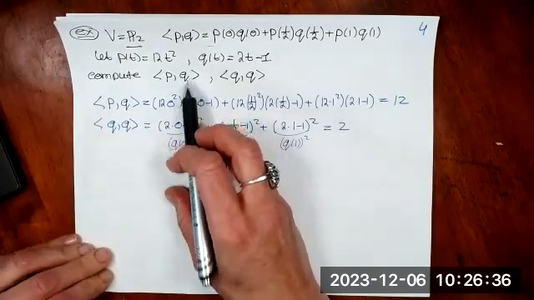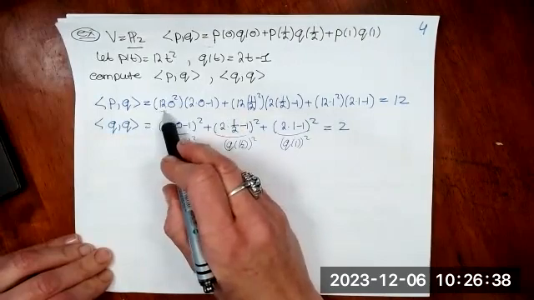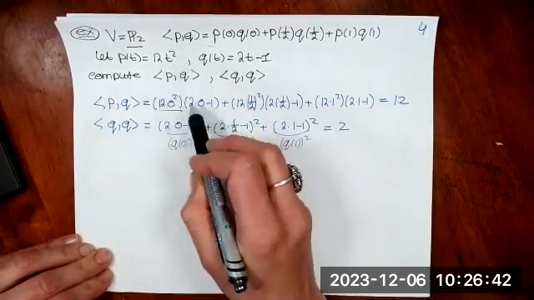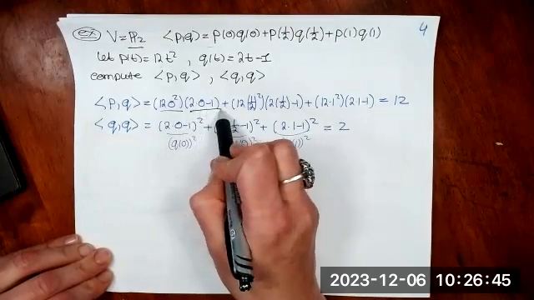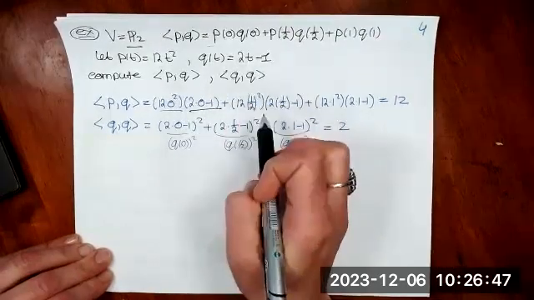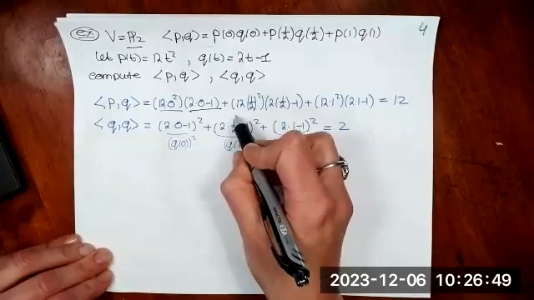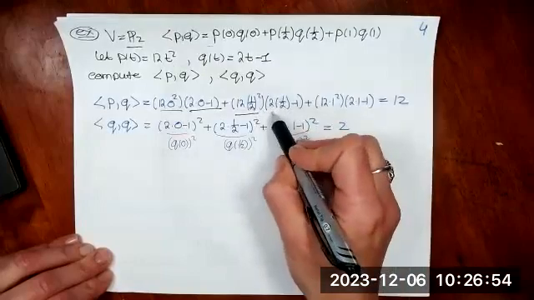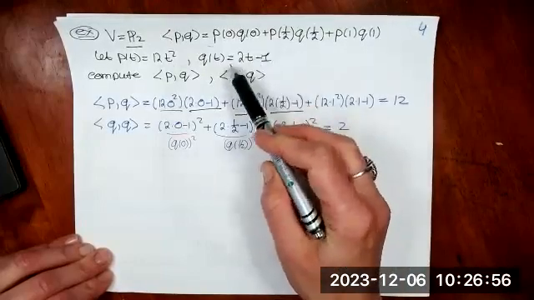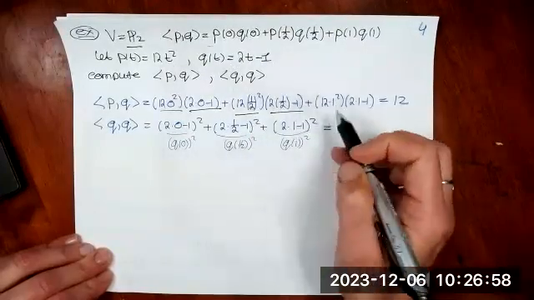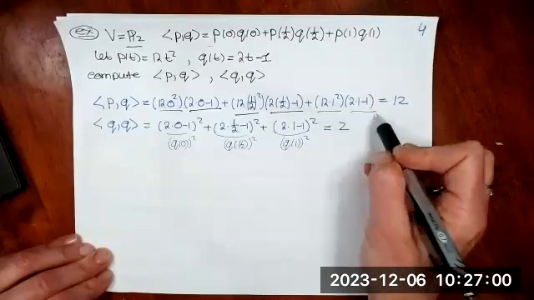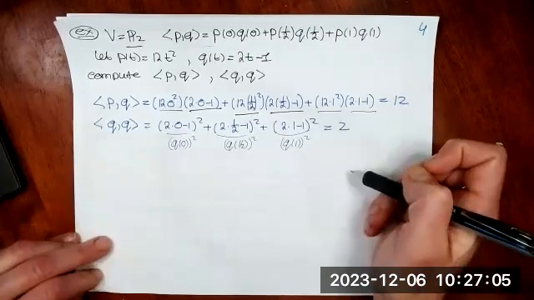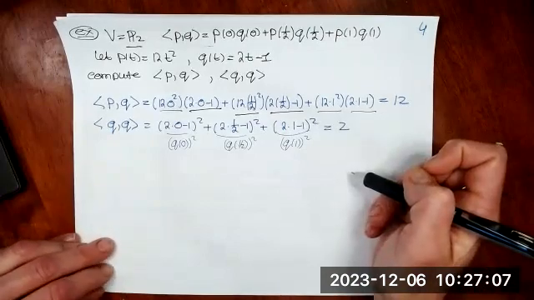You have P evaluated at 0, so you have 12 times 0 squared. You have Q evaluated at 0, so you have 2 times 0 minus 1. You have P evaluated at 1/2, 12 times 1/2 squared. You have Q evaluated at 1/2, so 2 times 1/2 minus 1. And then P evaluated at 1 and Q evaluated at 1. You get 12. That makes sense?